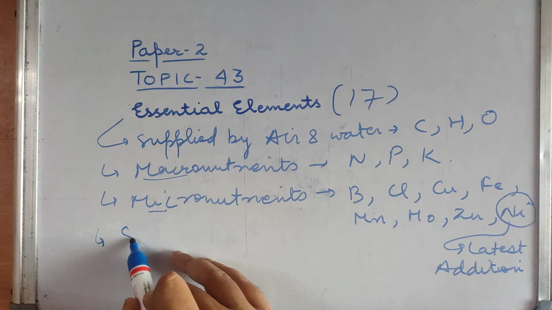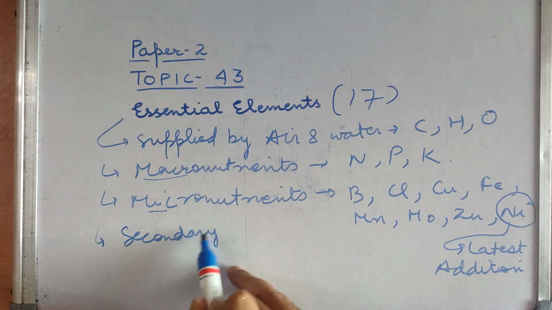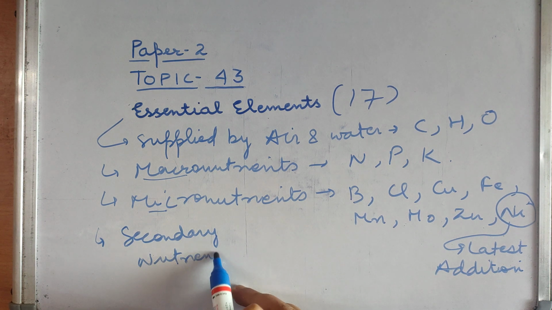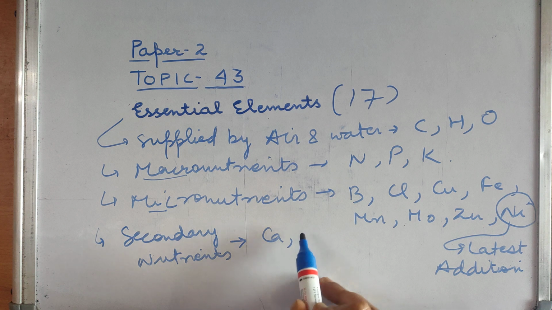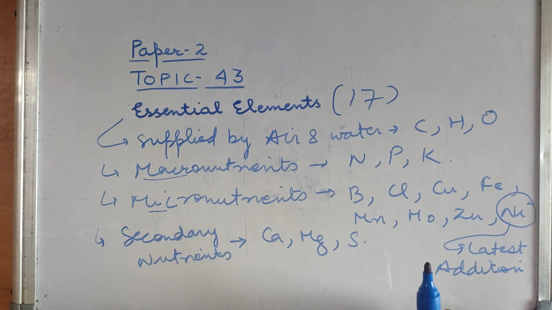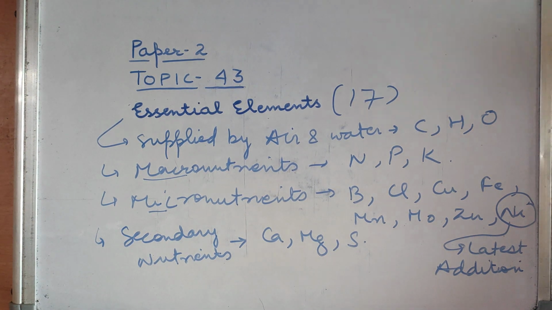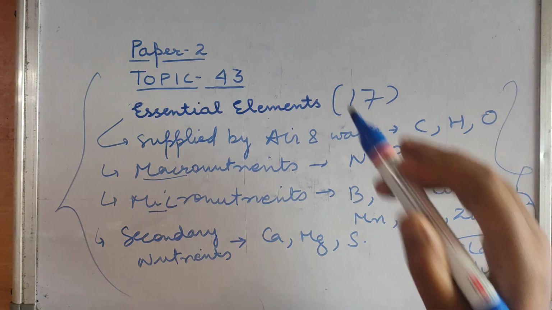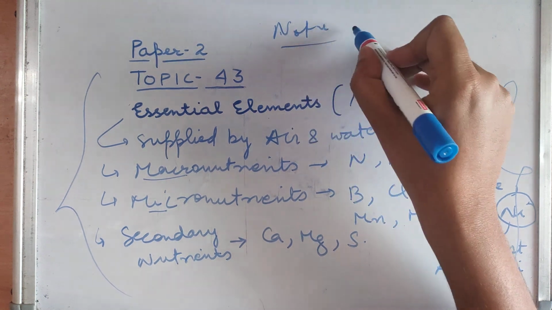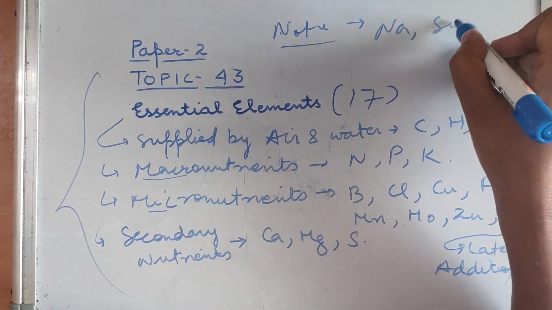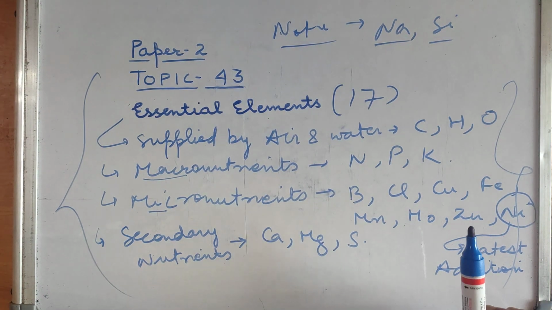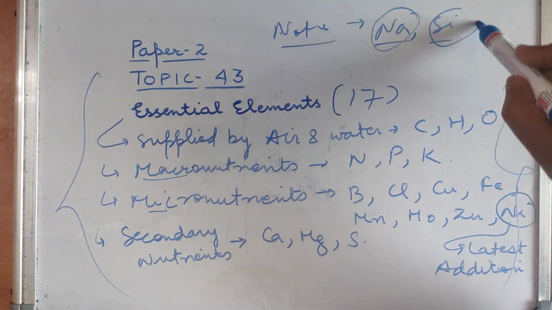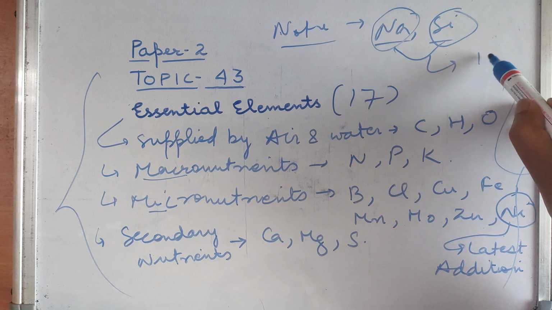And we have also got secondary nutrients. These are Ca, Mg, S. So these are the essential elements, and we should also note that some scientists also consider Na and Si, sodium and silicon, as essential elements, making it 19.